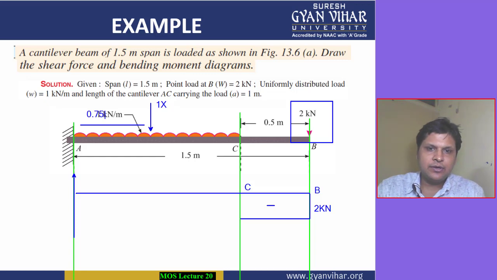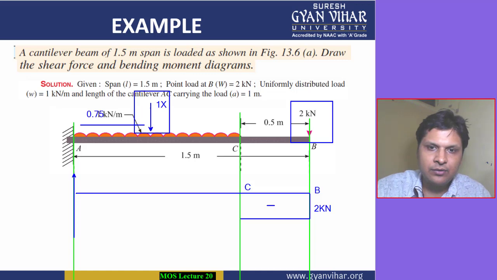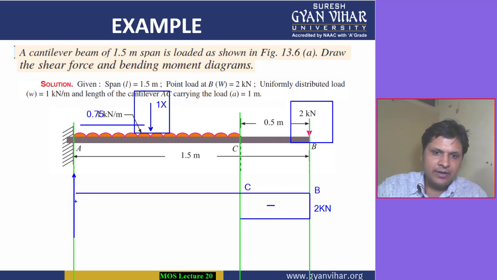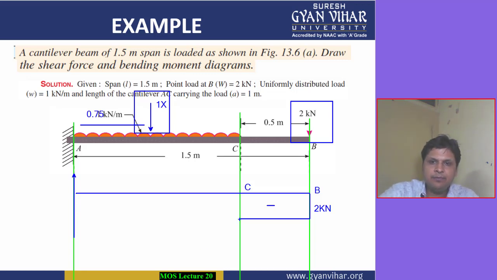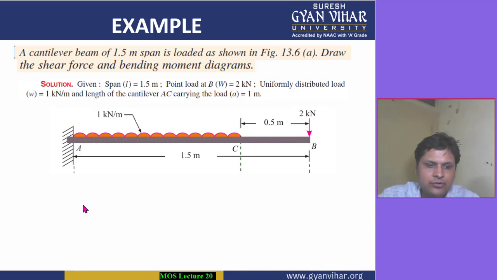So the contribution of this UDL, which has been converted into a point load, at A will be 1. Distance we generally don't take, we will only take the point load. So between this C to the mid portion we will take, already you were having a load here value.